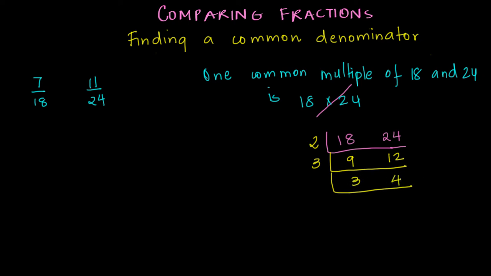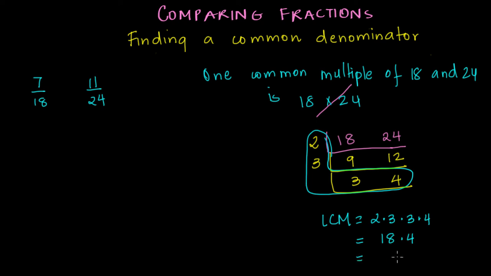And now nothing else is common to these two. So the way I figure out the LCM is basically the product of these numbers. LCM equals 2 times 3 times 3 times 4. I could also write this as 18 times 4, or I could write this as 24 times 3. And I like to write it this way because it makes it easier to find the equivalent fractions. Let me show you how.